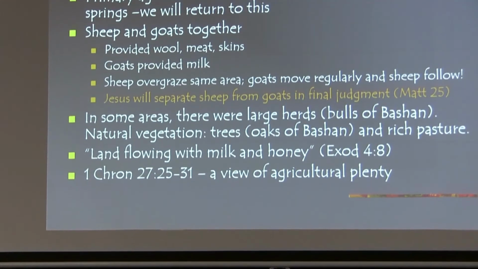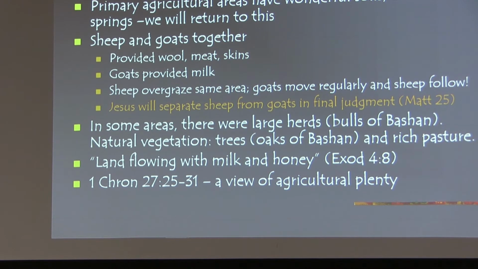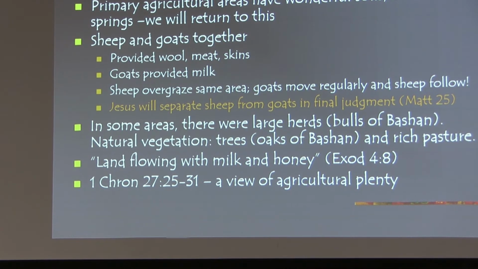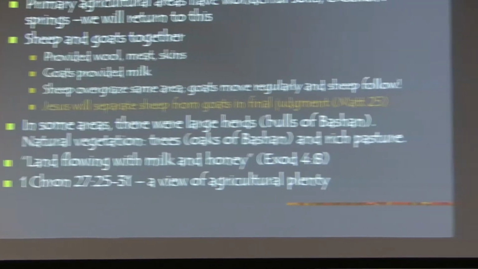Well, here's an interesting passage. Not all of us think necessarily of looking at a list of kings' overseers as a place to study geography. But let me just summarize 1 Chronicles 25 through 31. I'm not going to read the whole thing, but it's talking about people who are in control of the royal estates. And here's what they controlled.